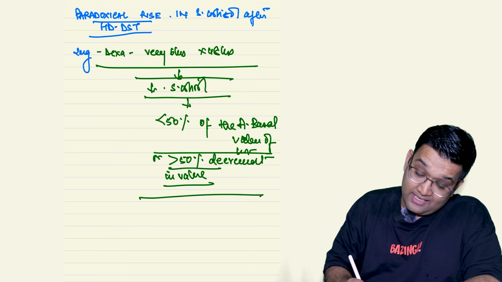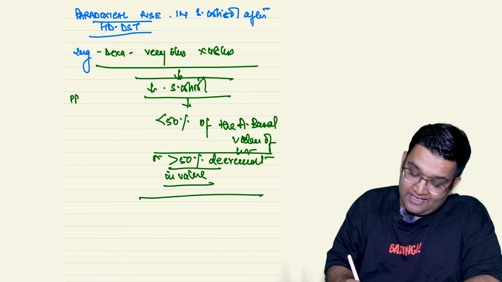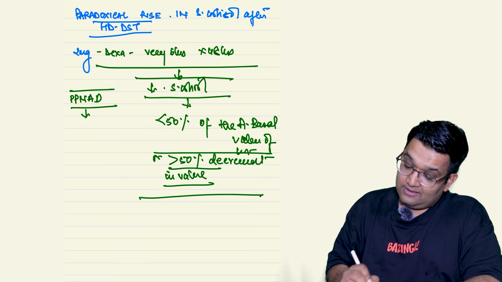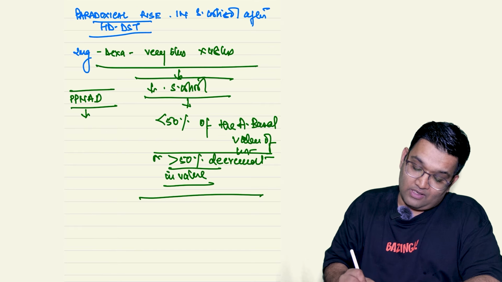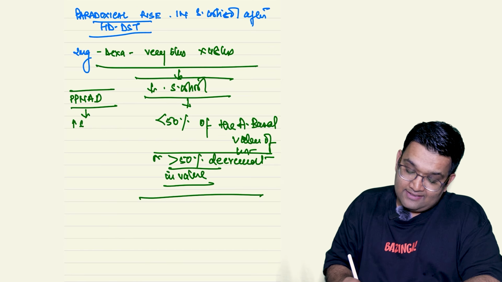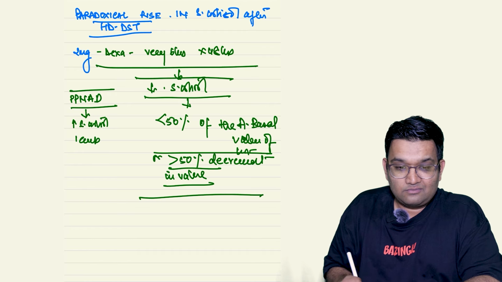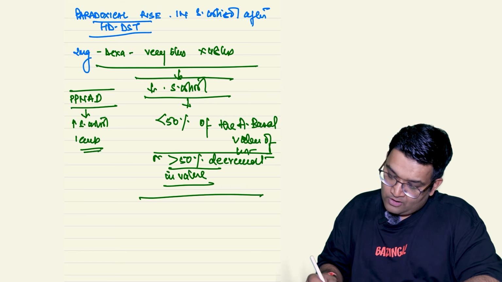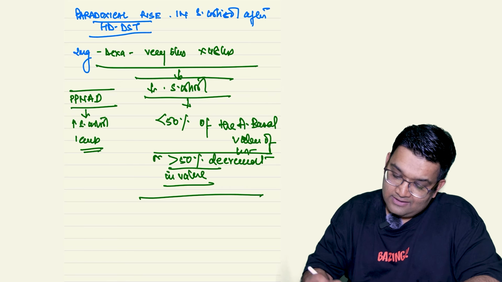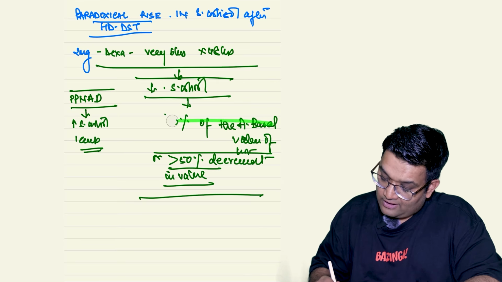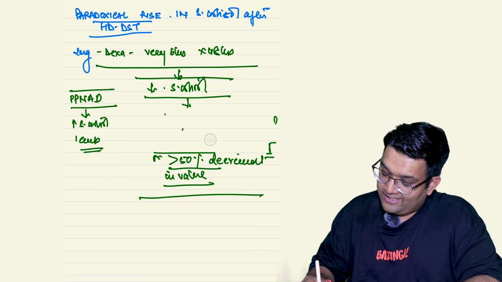Alright, but here what happens in PPNAD, if we are giving this DEXA, it is causing increase in the serum cortisol levels. So what we can do here is, this sentence is going to cause some sort of confusion, so we are going to remove this sentence.